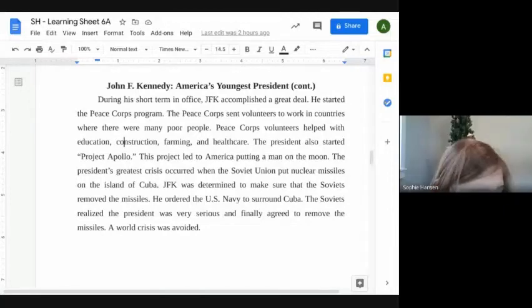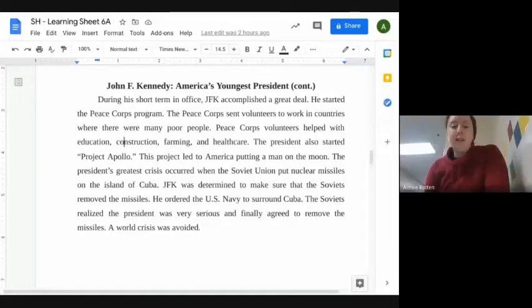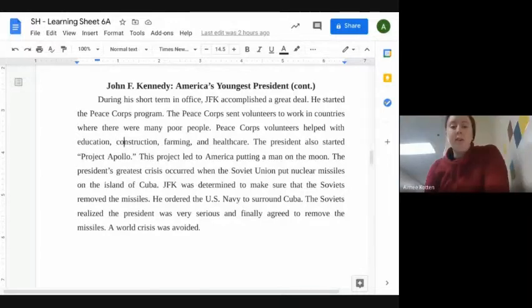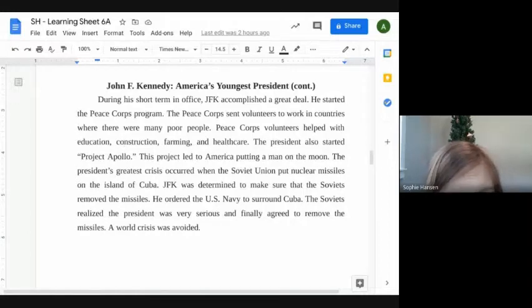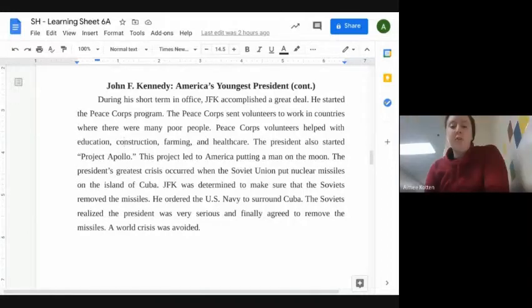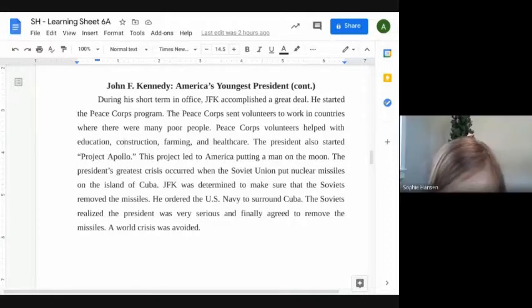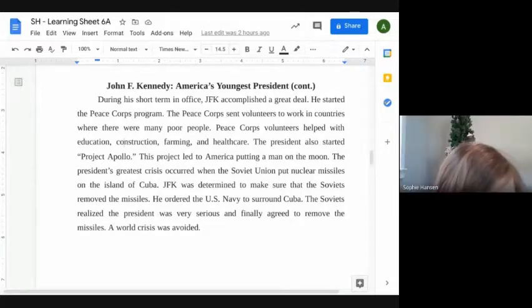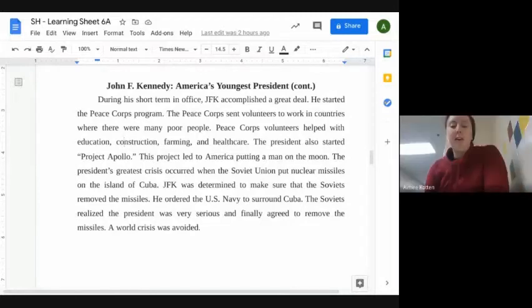The President's greatest crisis occurred when the Soviet Union put nuclear missiles in the island of Cuba. Nice job, Sophie.